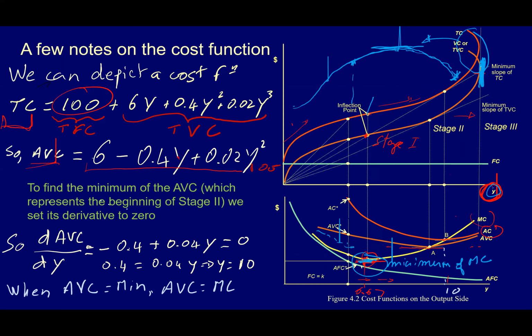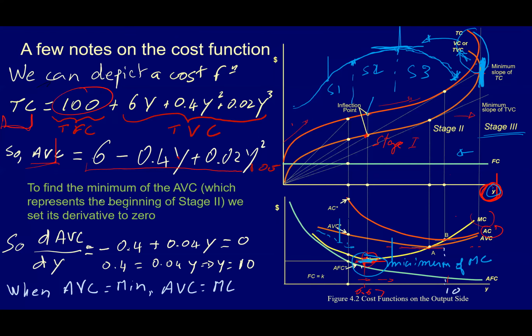So when cost reaches a level, cost continues to increase, but production decreases. Of course, we don't want to be there. That is basically stage 3. So stage 3 starts here, and we have stage 2 and stage 1.